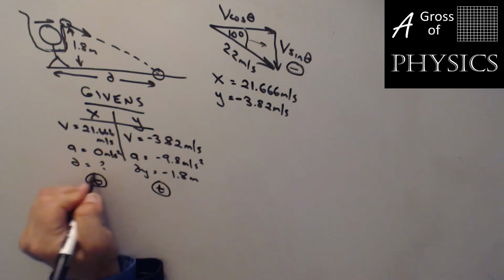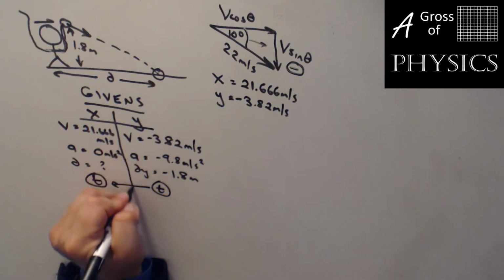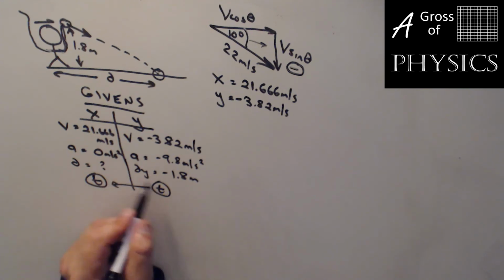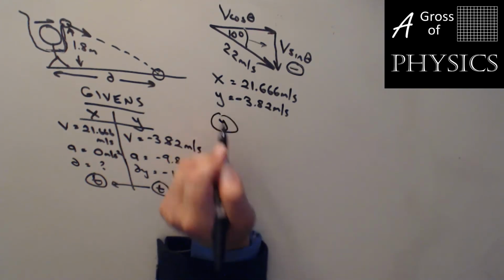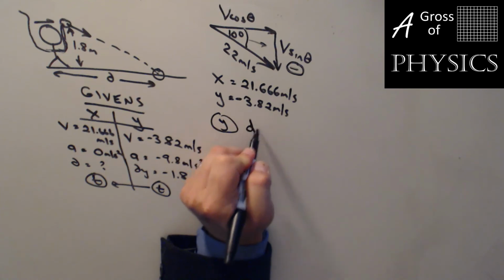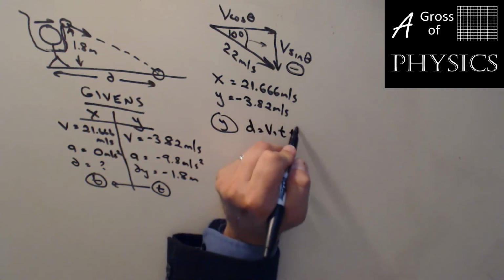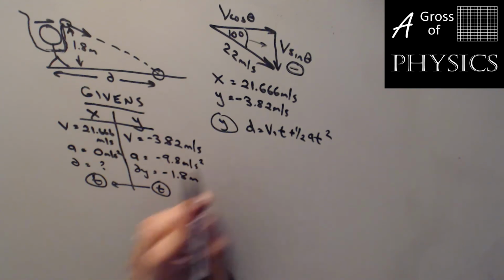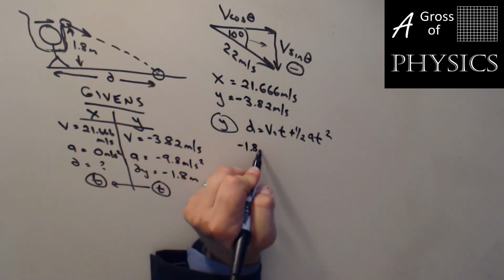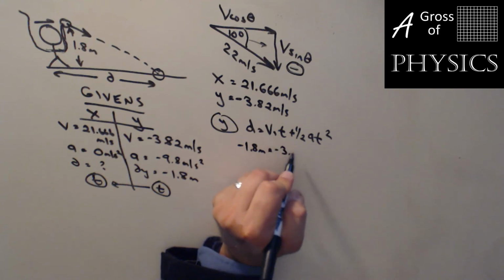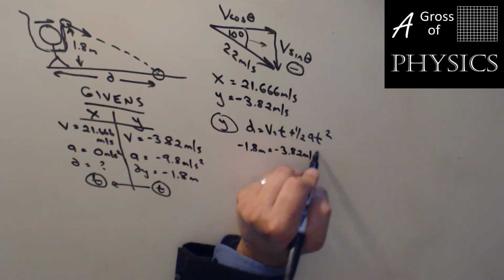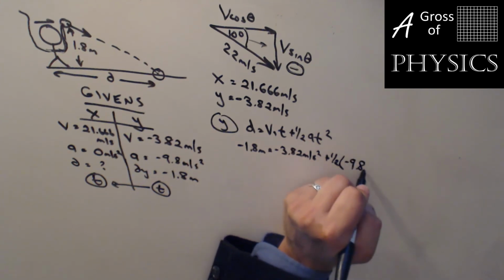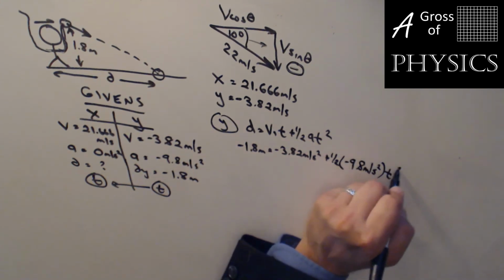Well, like every other projectile motion problem, we're going to solve for t in the direction we know the most about, and then we're going to use that in the other direction. And we know the most about the y direction. So let's solve for y. d equals Vi t plus 1/2 a t squared. Negative 1.8 meters equals negative 3.82 meters per second t plus 1/2 negative 9.8 meters per second squared, t squared.